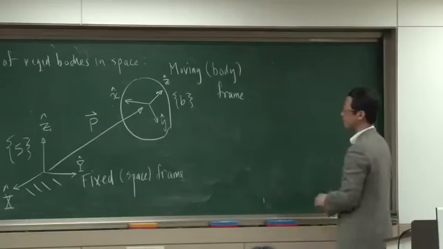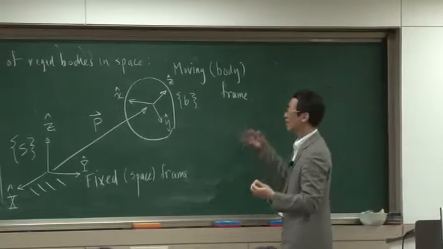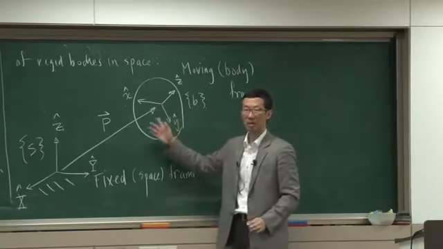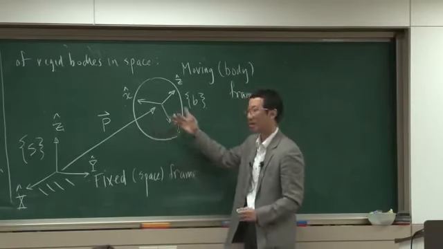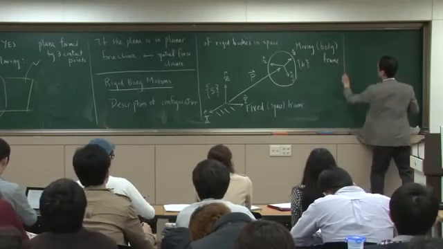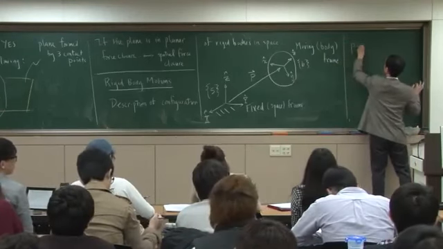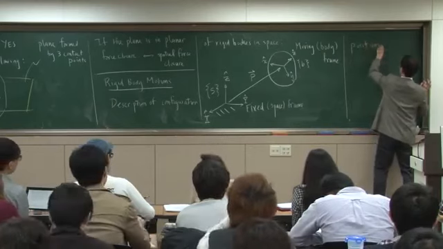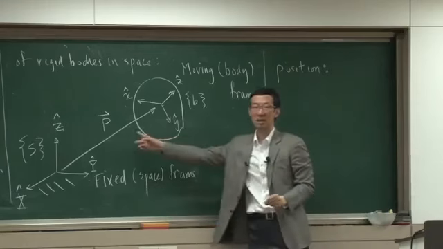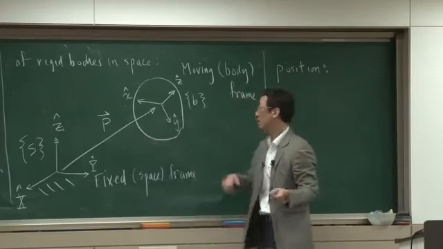I want to describe the position and orientation. The position seems pretty easy, right? The vector p is all we need.